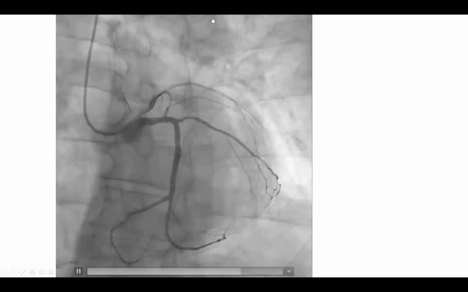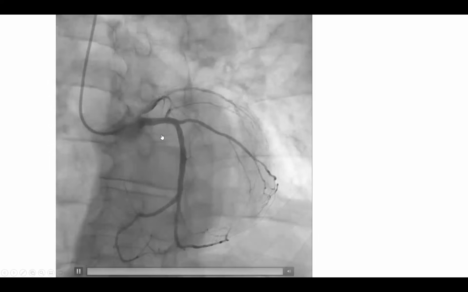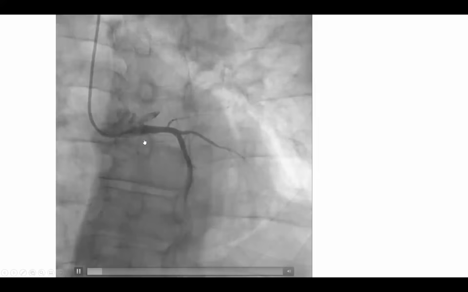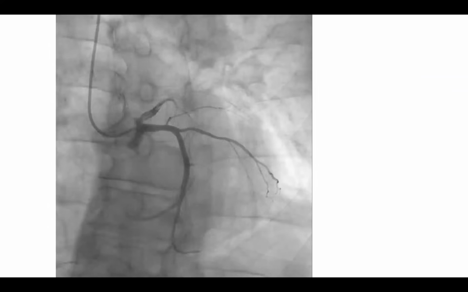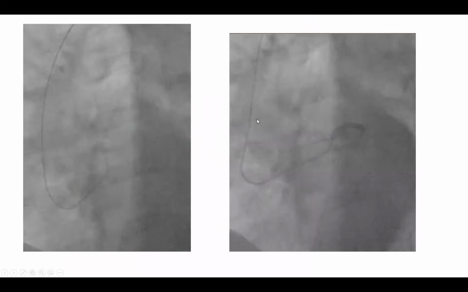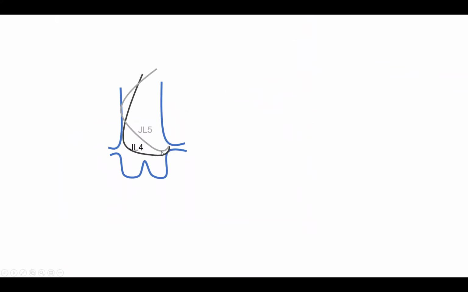So here is about Amplatz left. When you want to go in the circ, you want it to point down. With Judkins left to point down, you need a larger arm, as I showed here. To point the catheter more down, you need a larger arm.